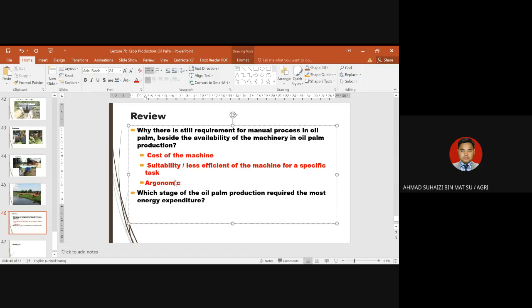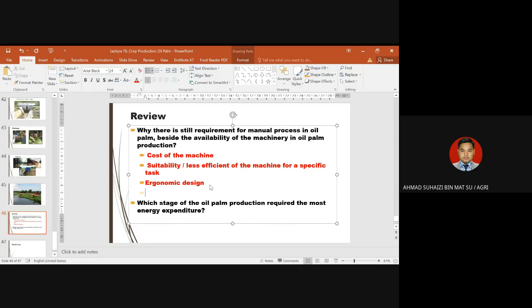Yeah, ergonomics design. Is it? Ergonomic, yeah. Thank you. What else? So here is safety.